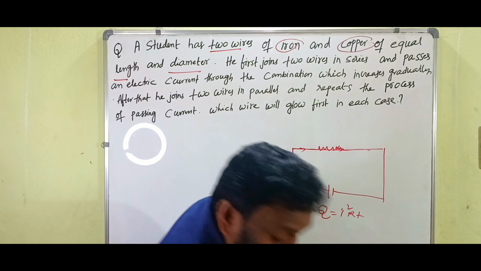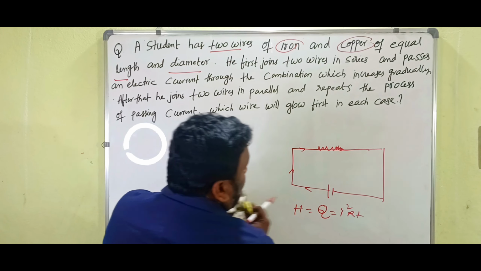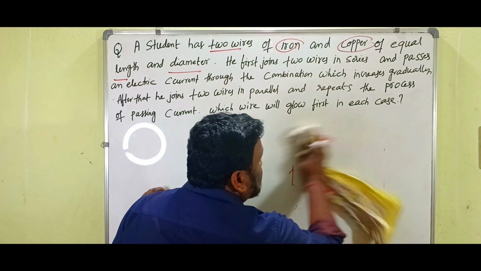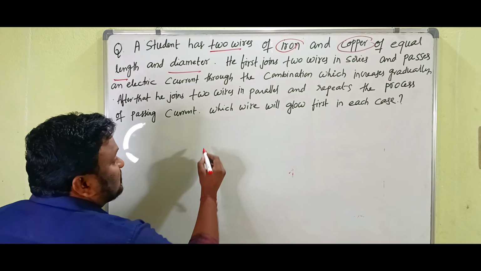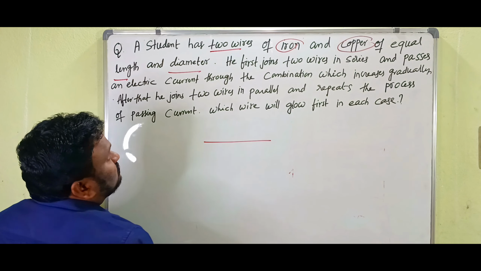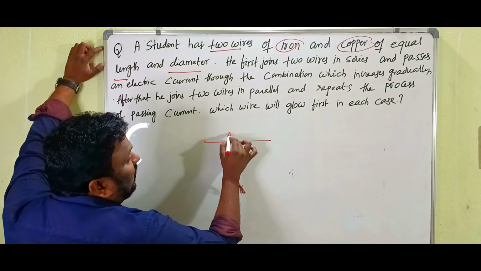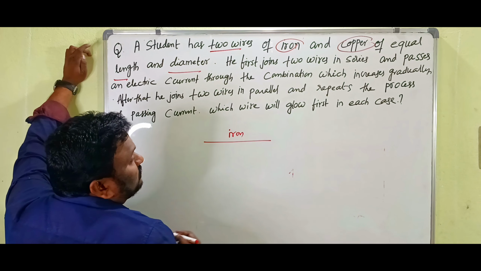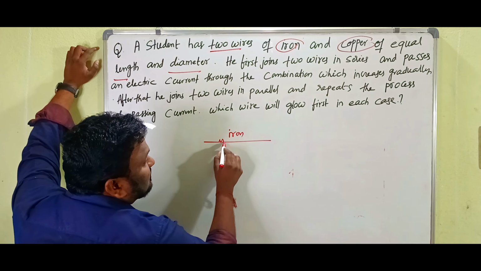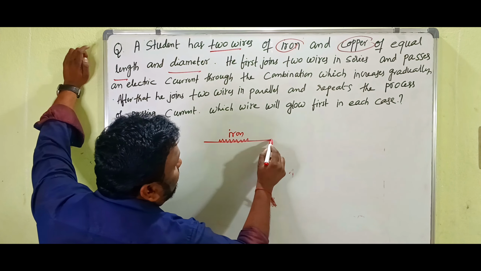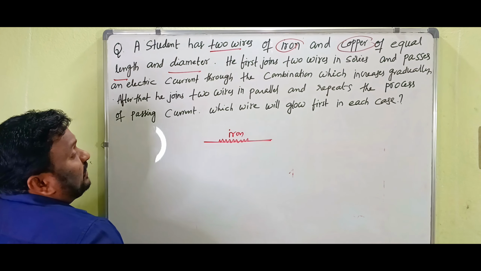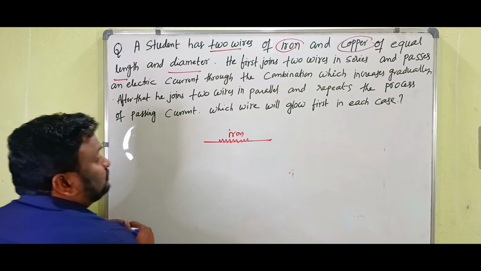So according to the question, this is one wire: the iron wire, which I am showing as having some resistance. And another wire is the copper wire.